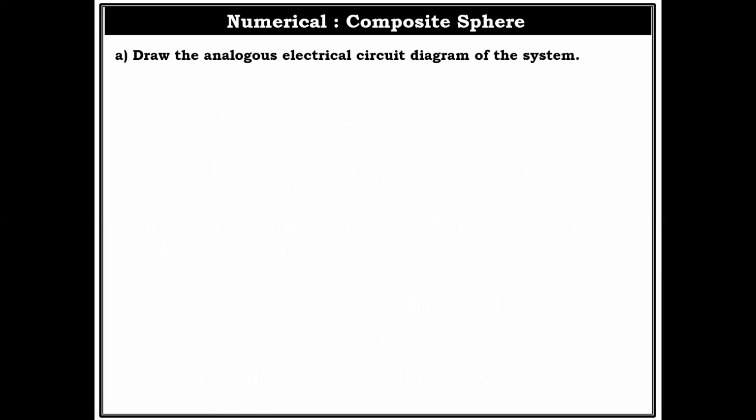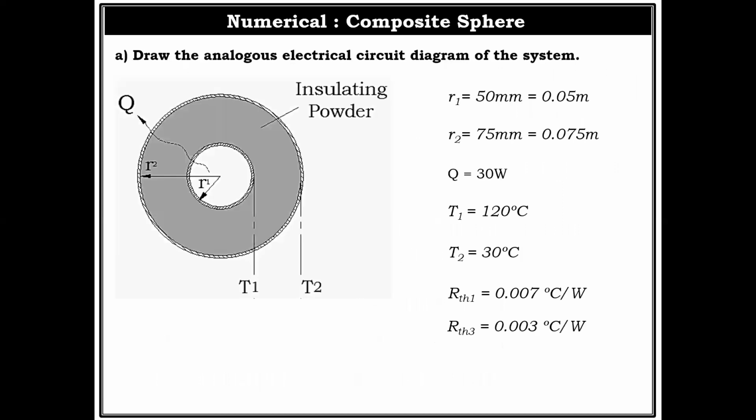So for solving, first draw the analogous electrical circuit diagram of the system. It is a sphere as shown here. R1 is the inner radius of the sphere, and R2 is the outer radius of the second outer sphere, and both have a resistance, but they don't give any thickness.